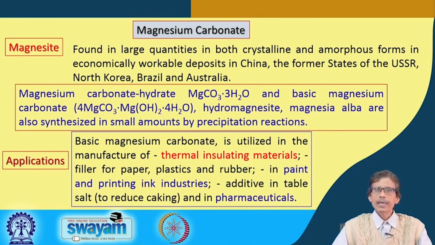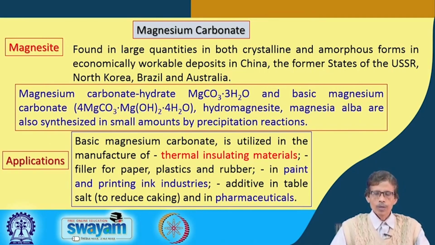In the paint and printing ink industries also, for making paints and inks, and also it is a very good additive in making table salt. We know that during monsoon, during the rainy season, the sodium chloride, if it has a huge amount of magnesium chloride, and magnesium chloride is more hygroscopic than sodium chloride, becomes a very sticky material.